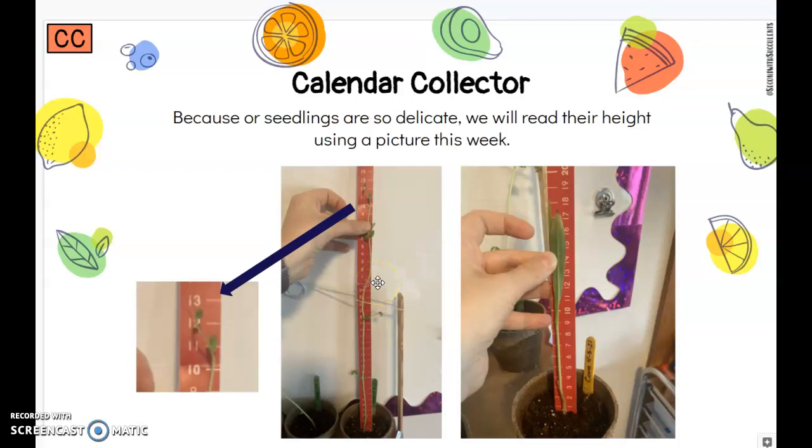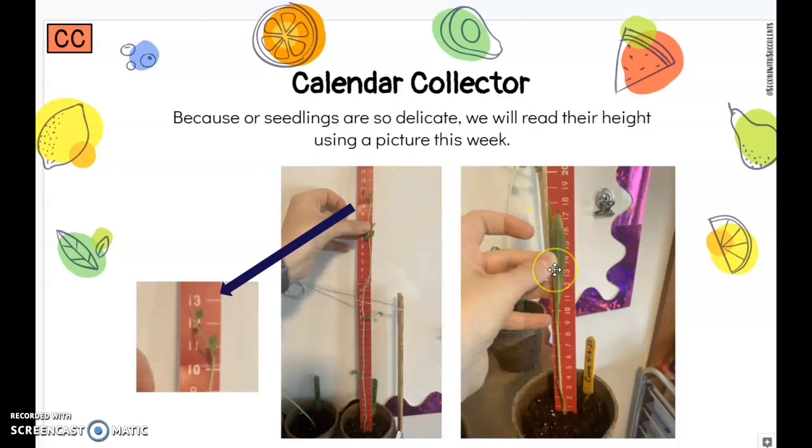Well, if we think about 25 centimeters and we jump up on our ruler 10 more, that's 35 centimeters. Then we can count up to 13: 35 centimeters, add 1 more to 36 centimeters, 37 centimeters, 38 centimeters. We'll fill in 38 centimeters in our books in just a moment.